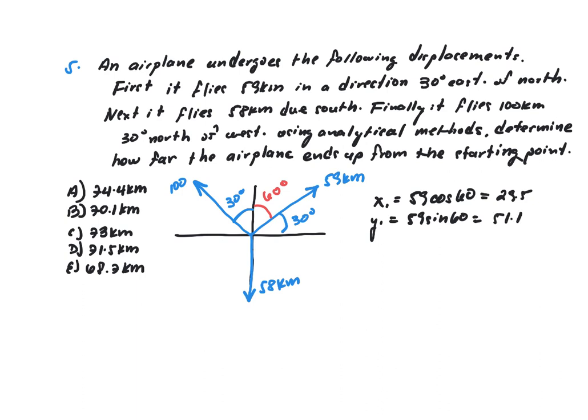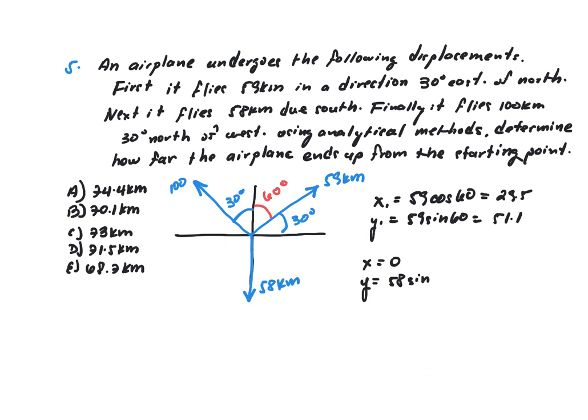For our second direction, it says that it's flying due south. So we know that it's not flying either to the east or to the west. So our x is going to be 0. Our y is going to be 58 sine of the angle.